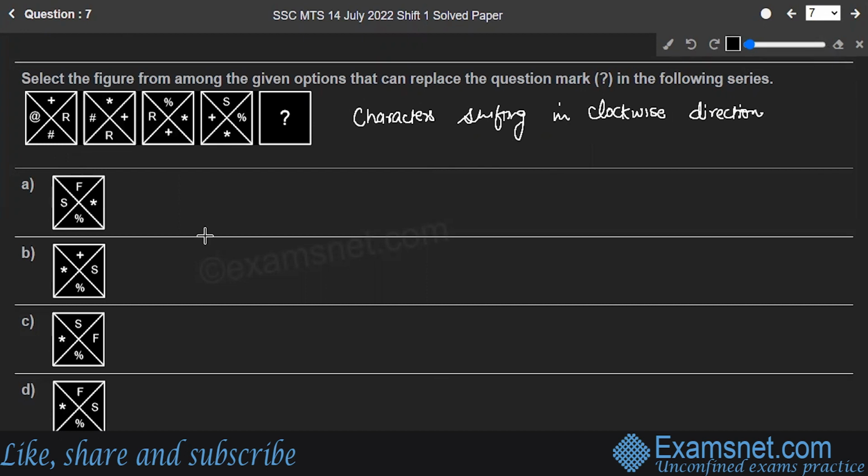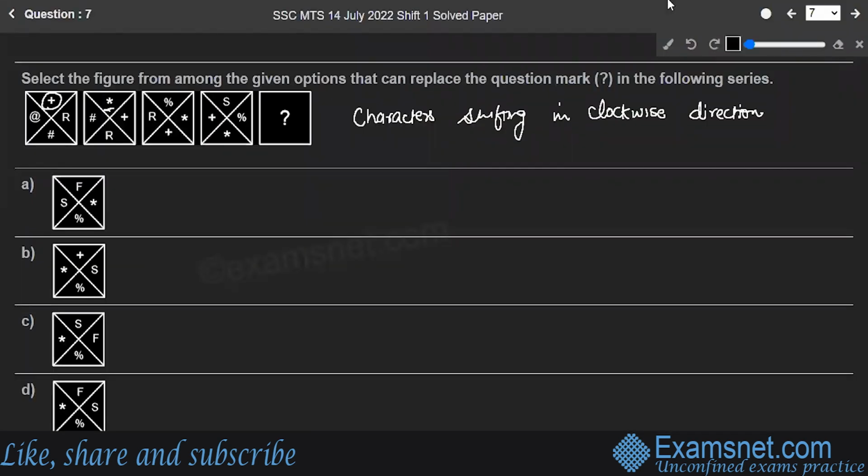The character that appears in the top quadrant is replaced with a new character in the next step, right? See, here is a plus and it is replaced with a new character, this asterisk sign.